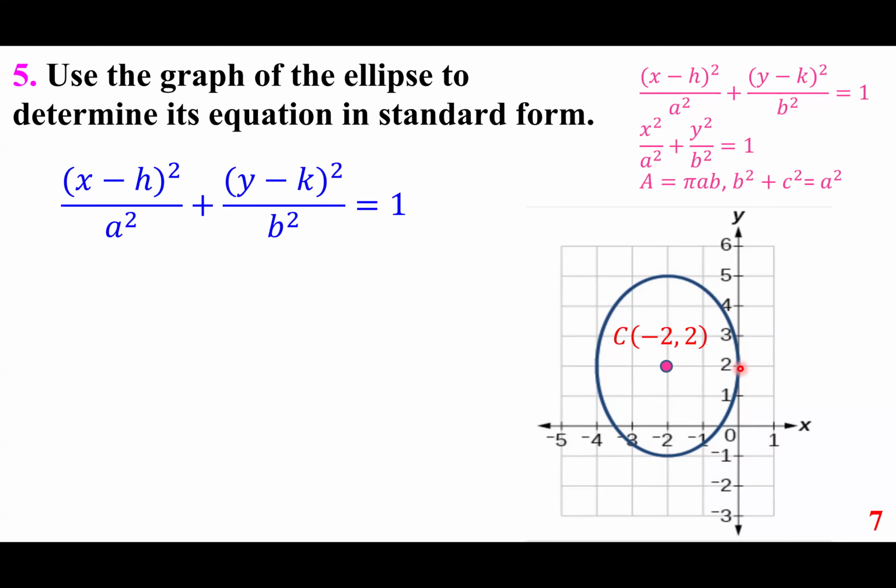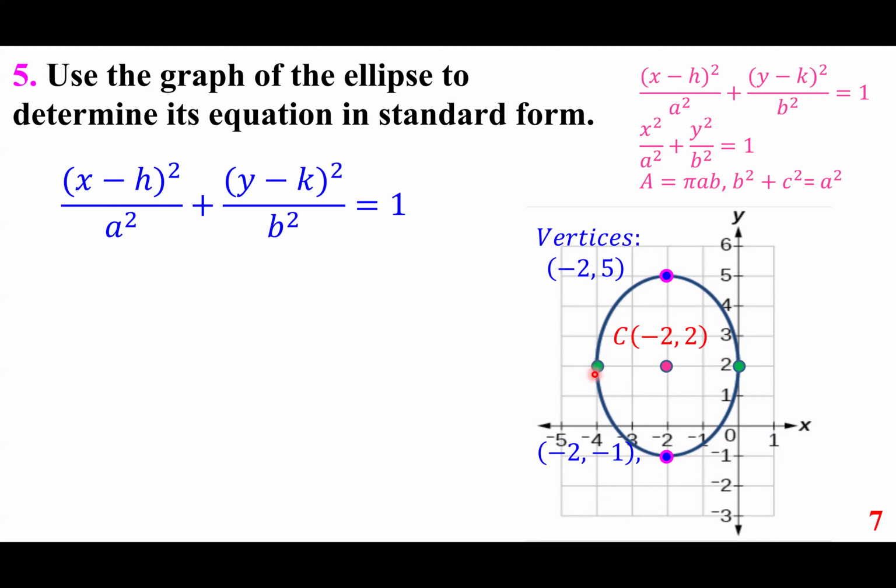Then we put the 4 main points. These are the vertices. These are the co-vertices. This one, -2, 5. This one, -2, -1. Co-vertices.